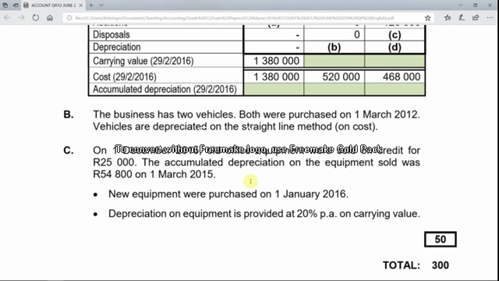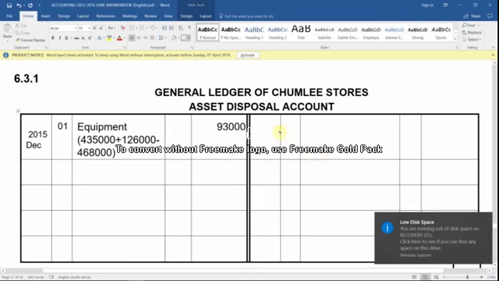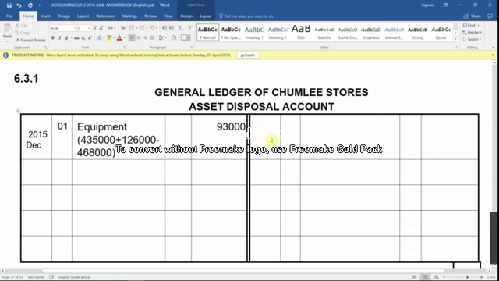minus the accumulated depreciation, which was 54,800 at the beginning of the financial year. So we have 93,000 minus 54,800. We have to calculate 20% on that for 9 months. Okay, let's first do the entry.